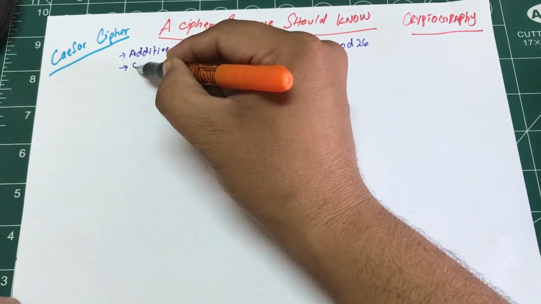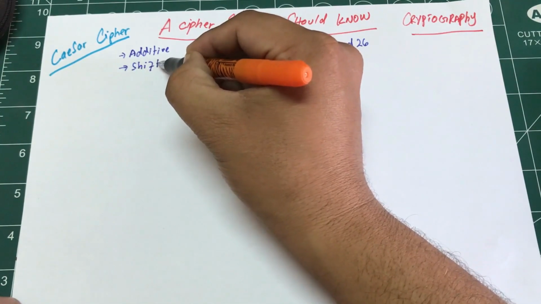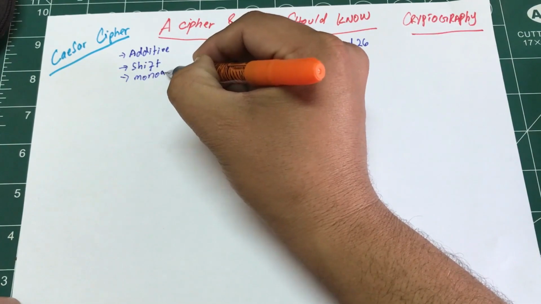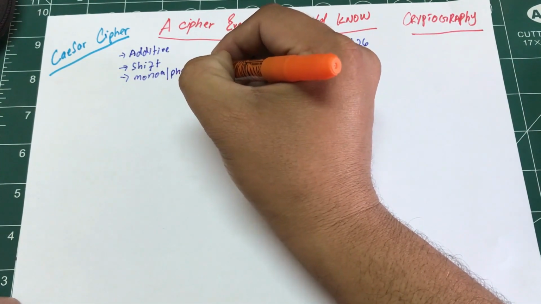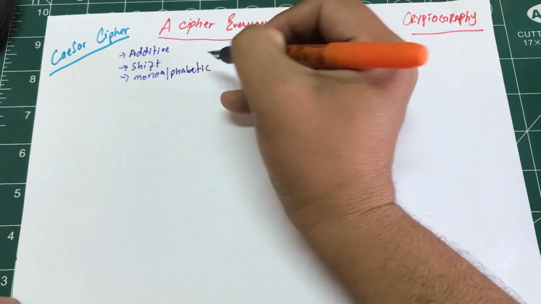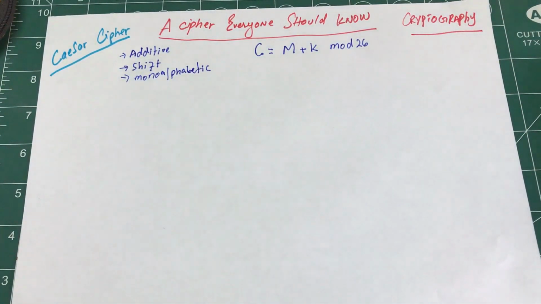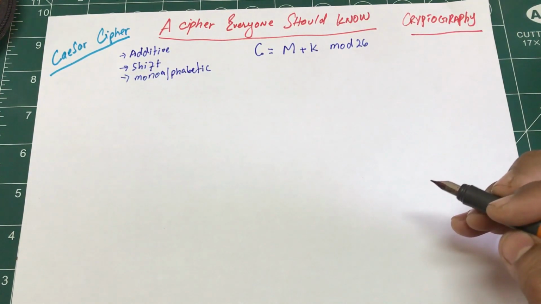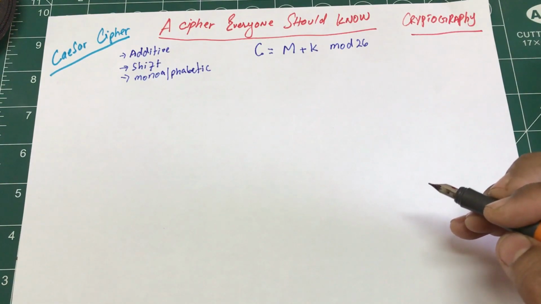Plus, it's a shift cipher. It actually shifts the letter, and it's monoalphabetic. We will see what I mean by monoalphabetic. Monoalphabetic means that one letter will be mapped to only one letter. So for example, if I have the plaintext HELLO, L is going to map to the same ciphertext letter each time.